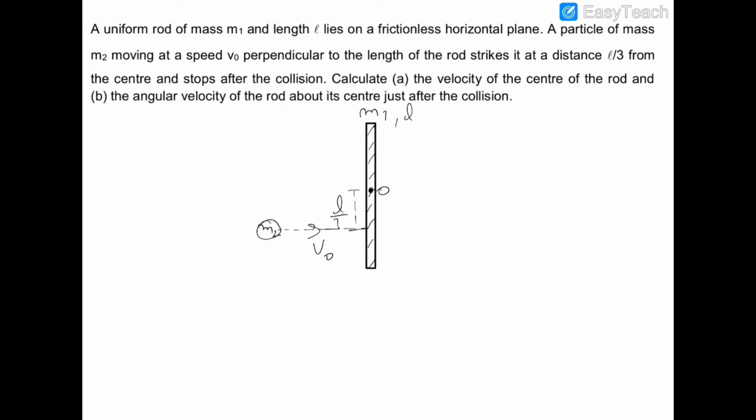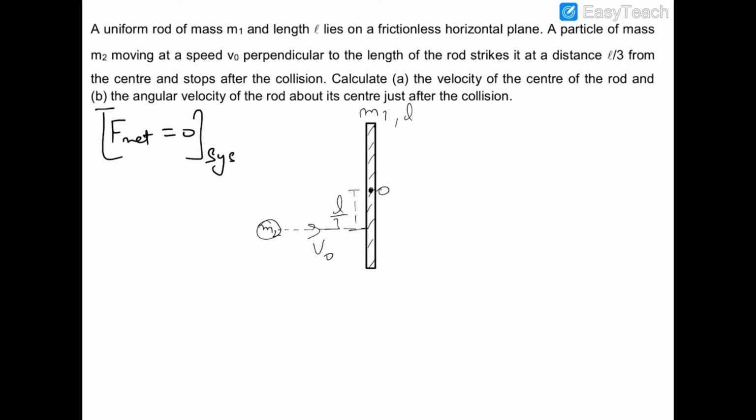So we know in these kind of questions we have to balance the linear momentum and the angular momentum, and linear momentum is balanced because there is no external force acting on the system in the direction of motion. So the net force acting on the system is 0.